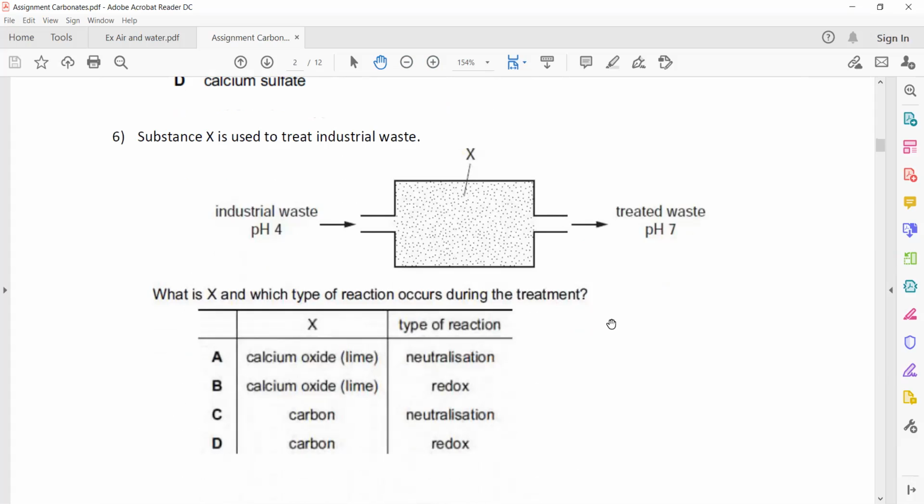Substance X is used to treat the industrial waste. What is X and which type of reaction occurs during the treatment?